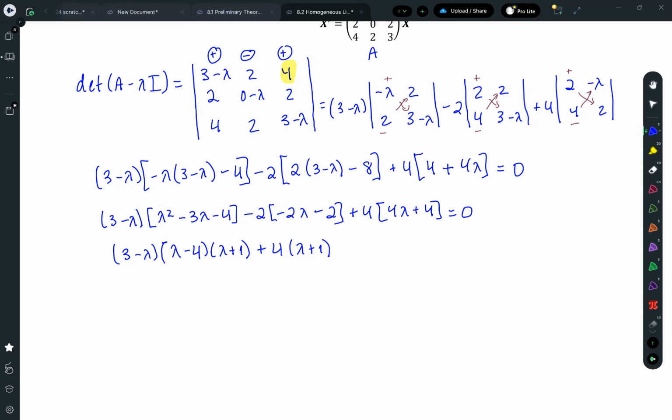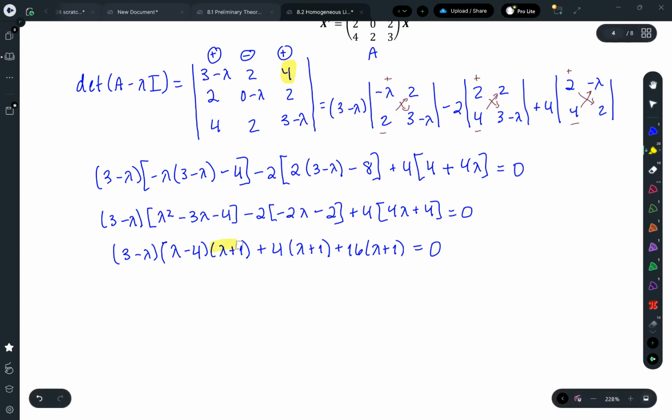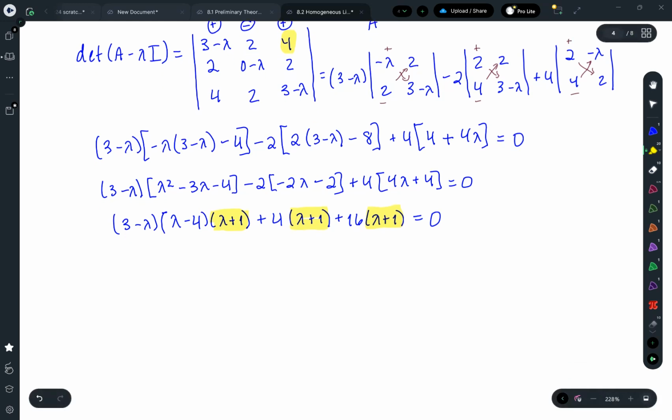And then the next set of brackets has a 4 in common, so I factor it out to get plus 16 times lambda plus 1. And this is all equal to 0. Now notice we still have 3 terms, and each of the terms has a lambda plus 1. I do notice that the second 2 terms can actually just add to give me 20 of these lambda plus 1s. Okay, I'm going to factor out a lambda plus 1.